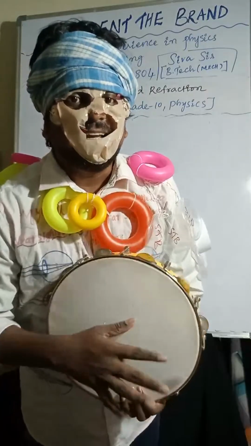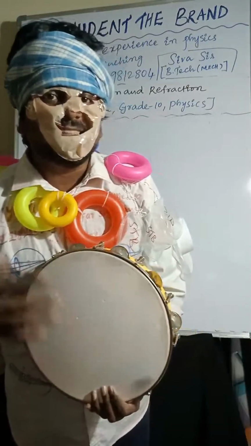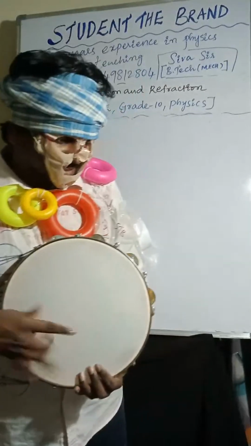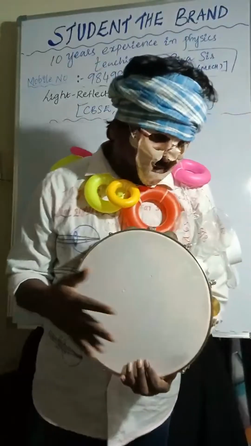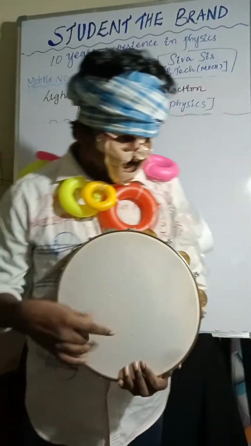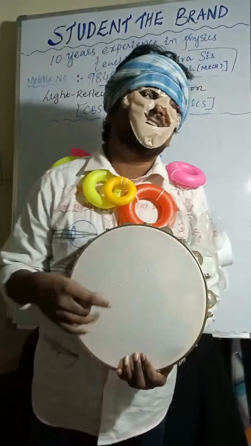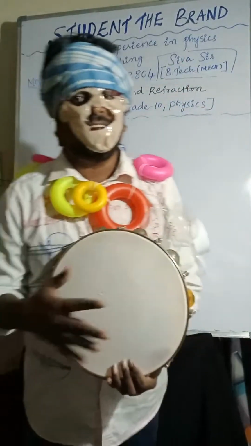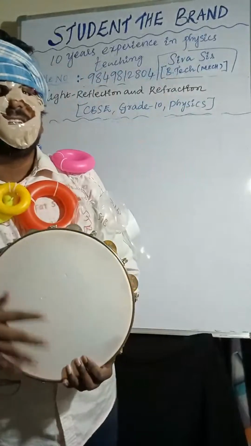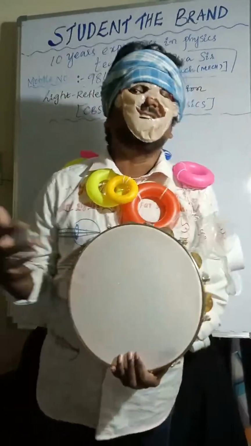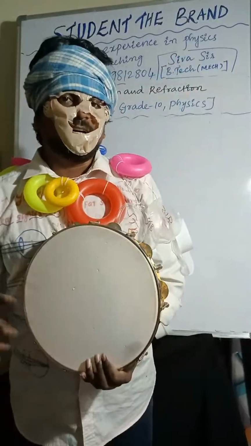Cartesian sign convention, Cartesian sign convention. All distance measure from the distance positive along the instant race. Distance are negative, opposite to instant race. Distance are positive, above the principal axis.